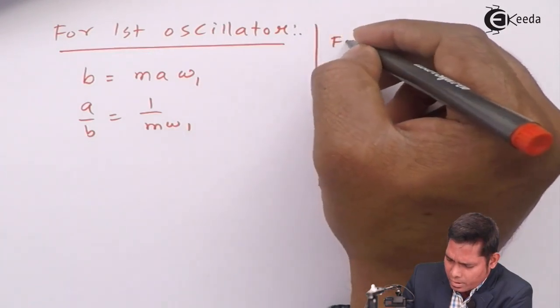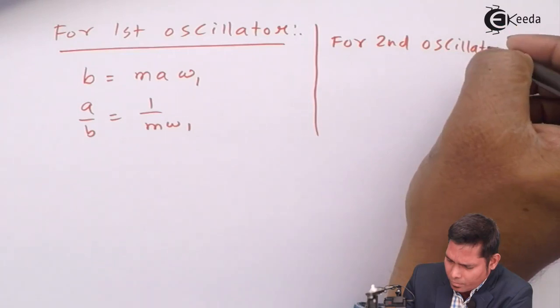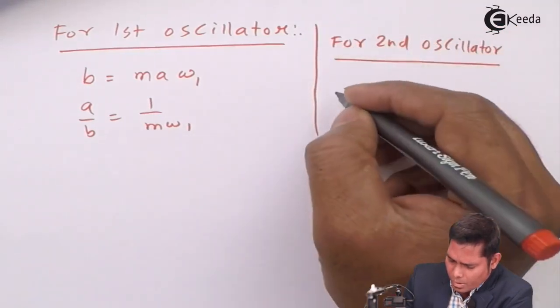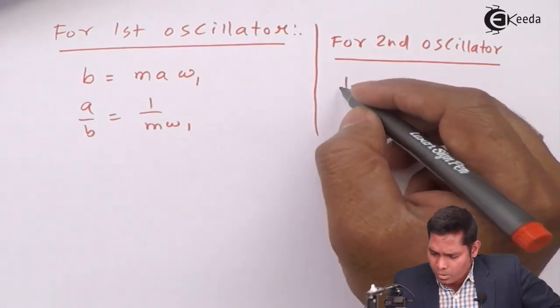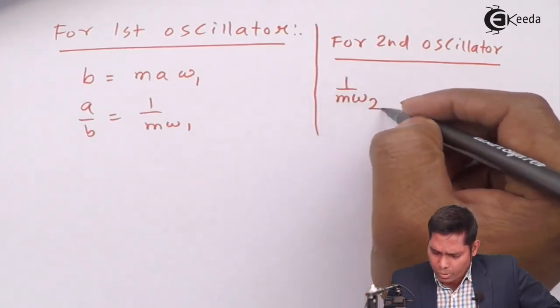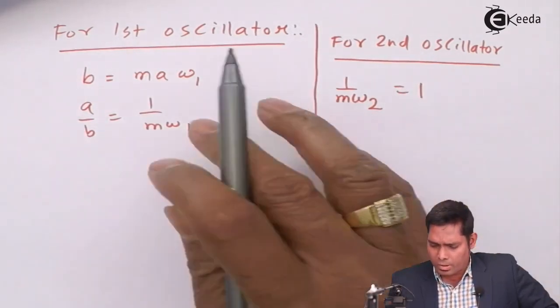For second oscillator, I'll write that a by b equals 1 over m omega 2. This is for the second oscillator, this is for the first oscillator.